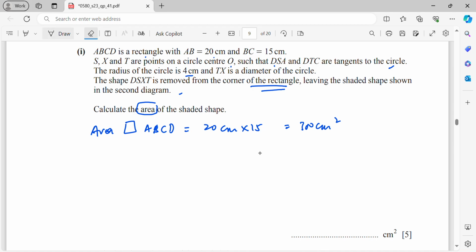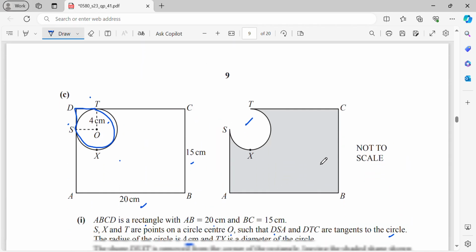Next, I need to remove this whole circle part, and then I need to remove this part as well. So what I need to do now is the area of DSOT. I remove this rectangle first, then later I remove the major sector.